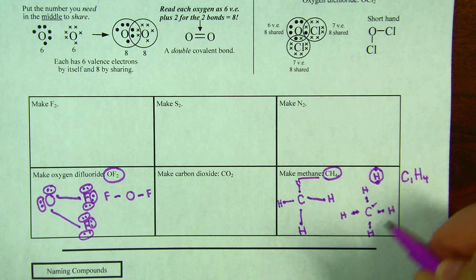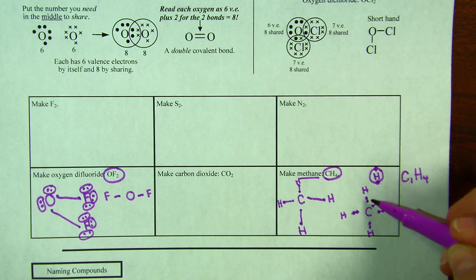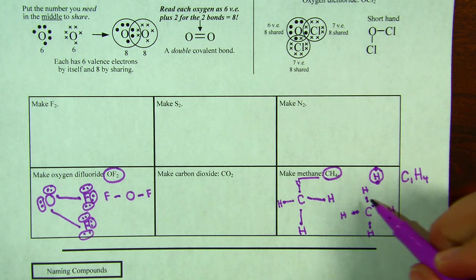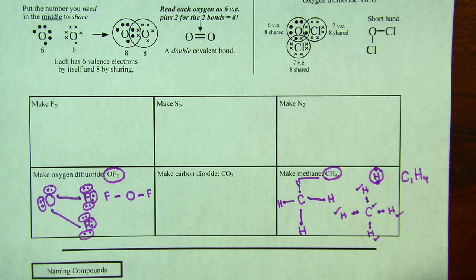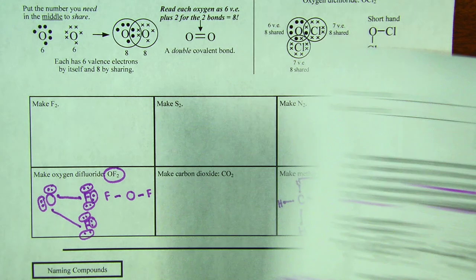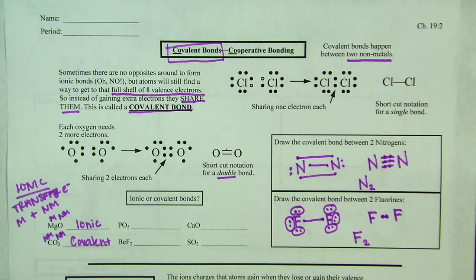And then each of our hydrogen atoms only wanted 2 to have a full outer shell, and each one has satisfied that. 2 here, 2 here, 2 here, and 2 electrons for the 4th. That is covalent bonding.